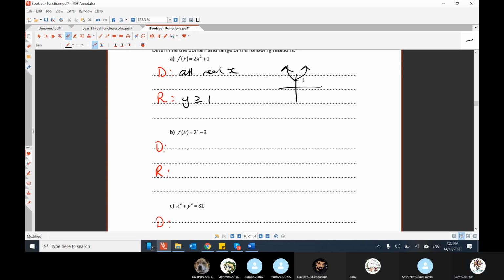Domain, again. Anyone? I got for domain all real x, and for range y is greater than -3. Greater than.